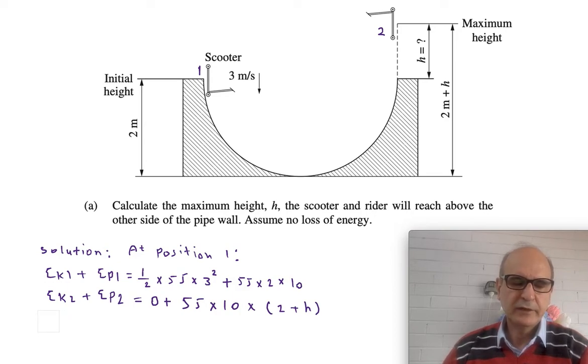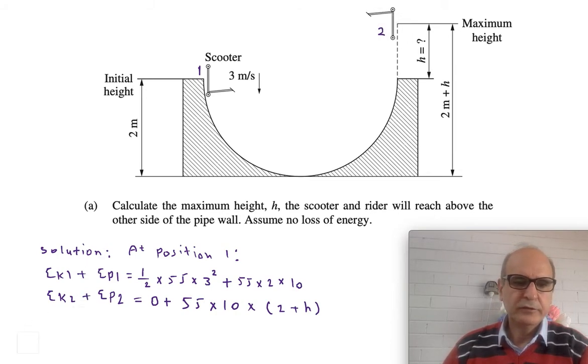One can change to another, but the total remains the same. In this case, the kinetic energy that we have here turns into potential energy. That's why we have more potential energy, which means more height, but zero kinetic energy because the object stops.